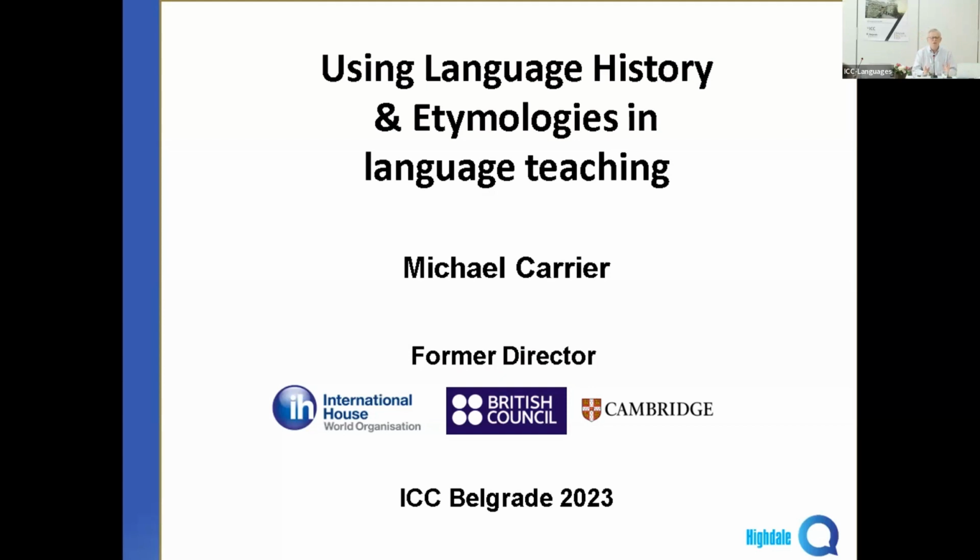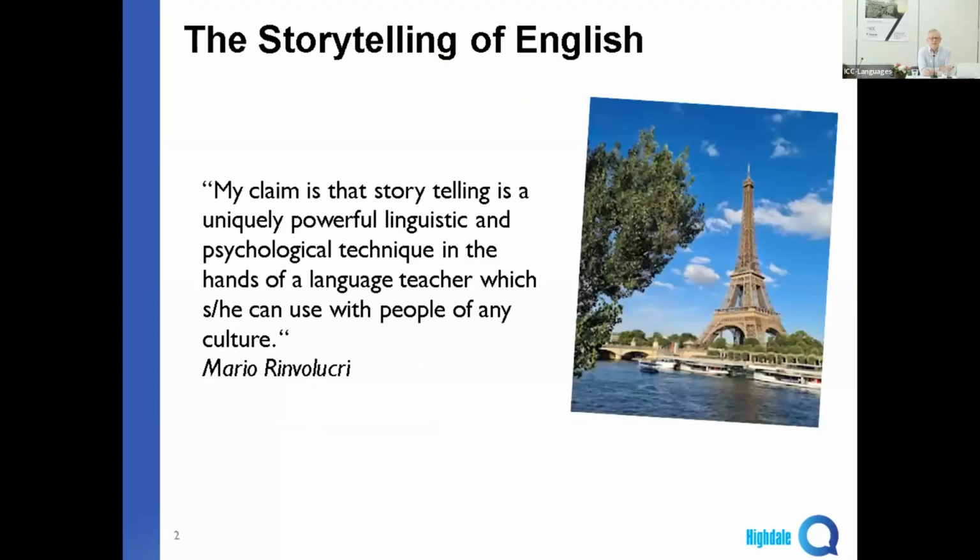And the reason I want to talk about this is because of strange things like this. See this photo? You will recognize this as the wonderful Eiffel Tower. And you might think to yourself, what has the Eiffel Tower got to do with the teaching of English or the learning of English? Well, it's a good question. I have no idea.